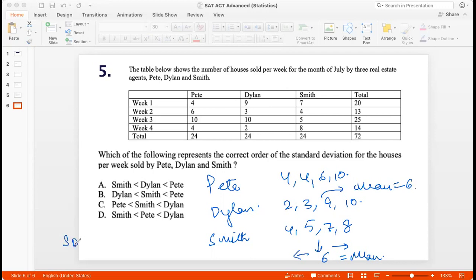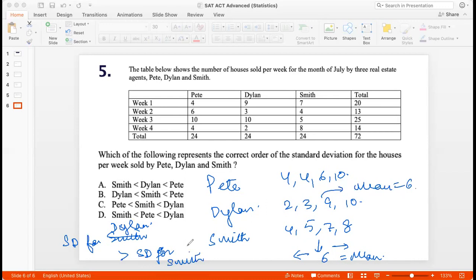So I know that the standard deviation for Dylan is definitely greater than the standard deviation for Smith. What about Pete?